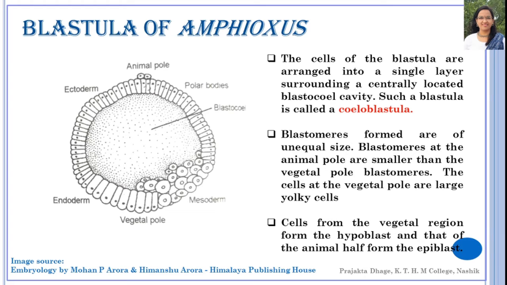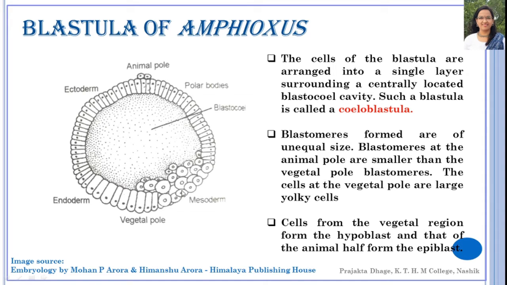The cells from the vegetal pole of the egg will become the floor of the blastula, also referred to as hypoblast cells, and these cells are going to form the future endoderm of the embryo. The cells from the region of the animal pole will form the roof of the hypoblast. Now these cells are going to become the epiblast layer.